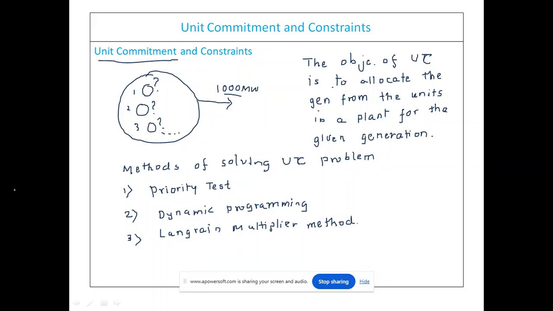We will discuss now the constraints that are considered during the unit commitment problem. Constraint means what?